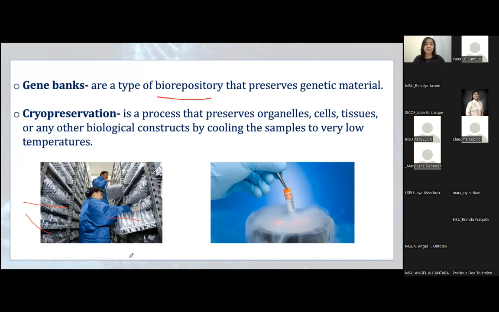Here, ito yung itsura niya. Okay? And cryopreservation, usually ginagamit dito are liquid nitrogen. This is used to preserve mga, ayan, ito, preserve this following biological matters. Yan, so cryopreservation, tandaan ninyo ha, cryopreservation.